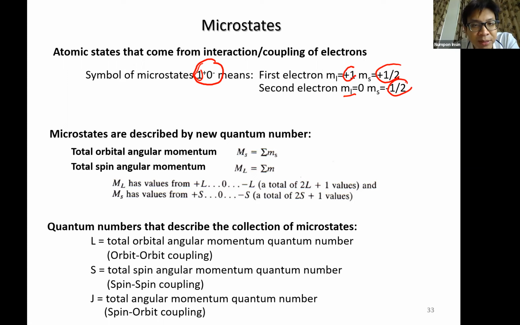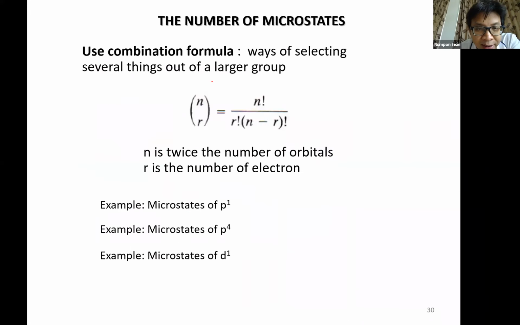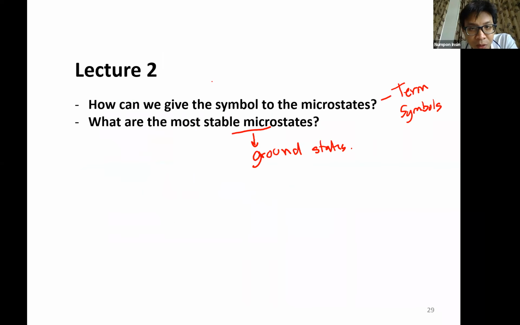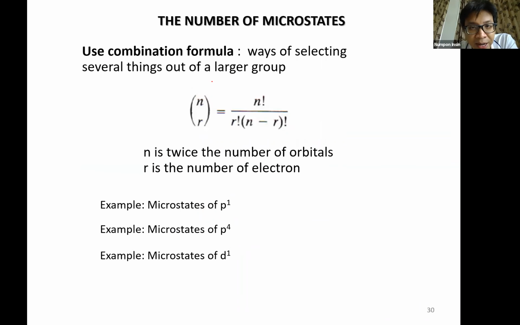Okay, so this is the symbol of the microstates. When you see the symbol, or when you look at your distribution table, you can find the ML and MS of every electron.